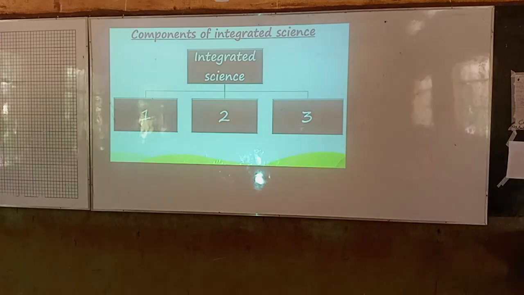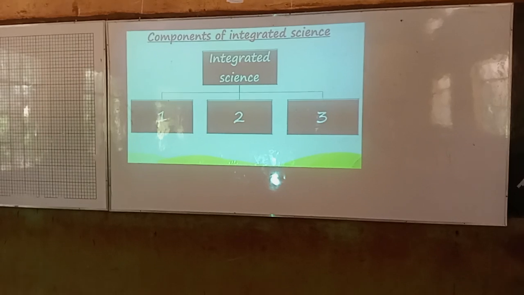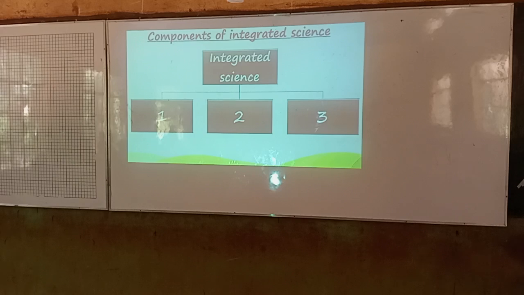So, in pairs, discuss that one. Components, make sure you write the components, what you have in your group. I think every pair has the activity. Let me see which group will be the fastest to finish the activity.